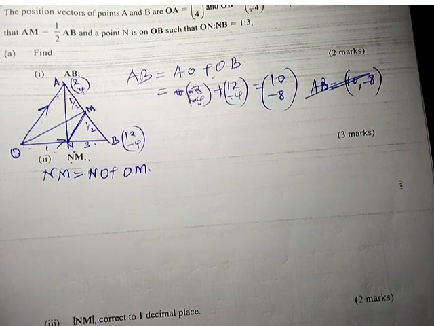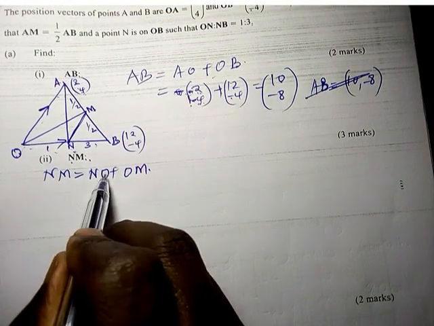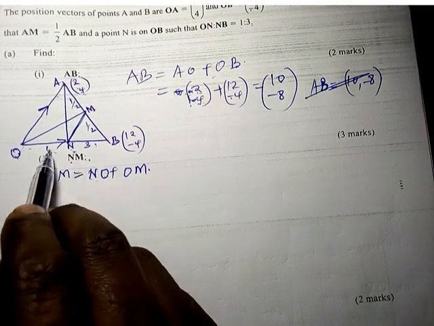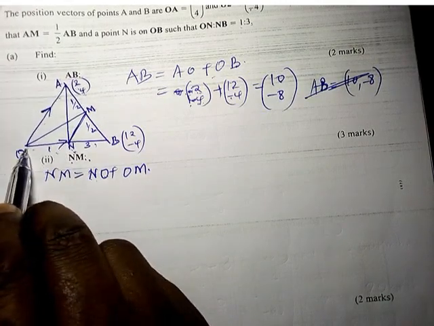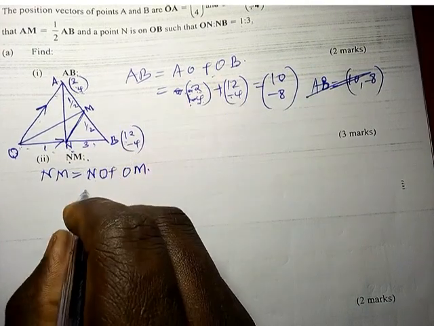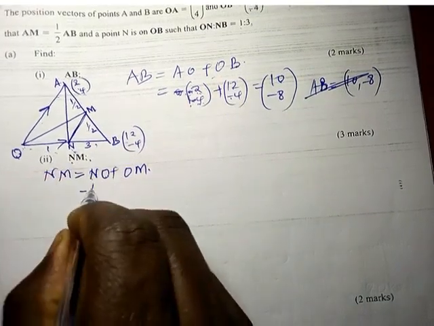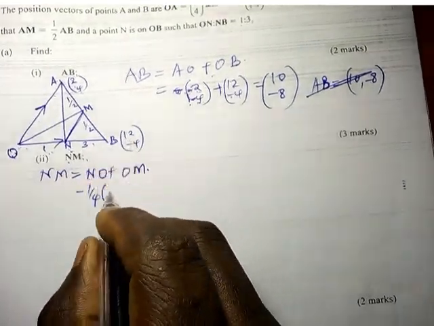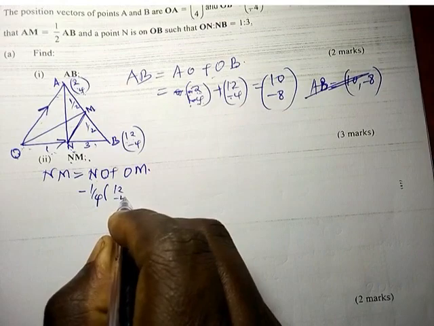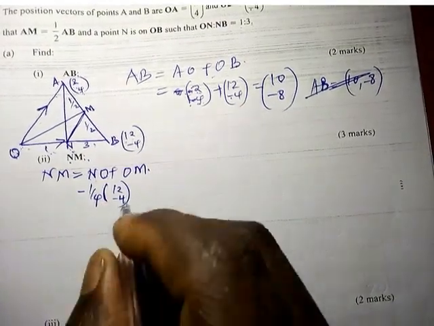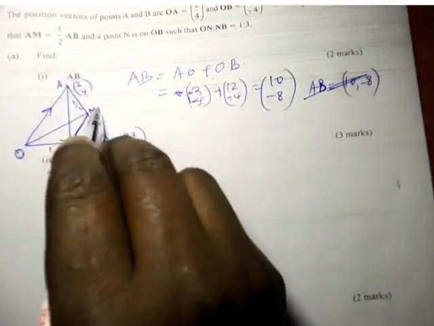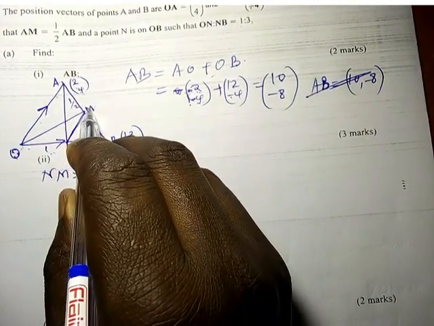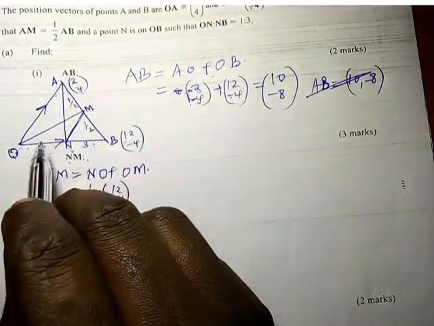But NO is the reverse of this. We are going against this arrow, so it's going to be negative. This is 1/4 times 12, negative 4, and then plus OM. So we need to get OM first. So how do you get OM?